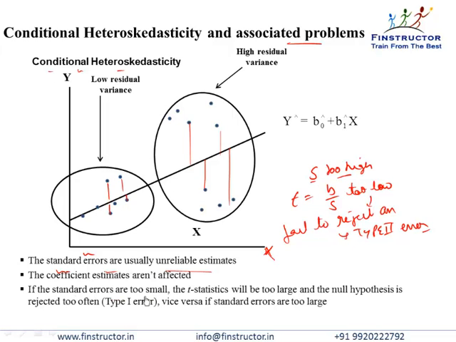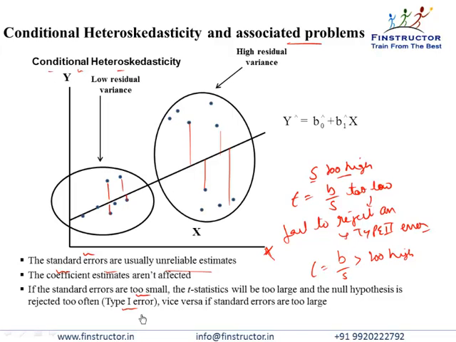If the standard errors are too small, it will be vice versa. Then the coefficient again remains unchanged, but the standard error is too low, hence the t statistic would be too high, and hence we would be rejecting the null hypothesis in a lot of cases even when it is true, or committing a type 1 error.